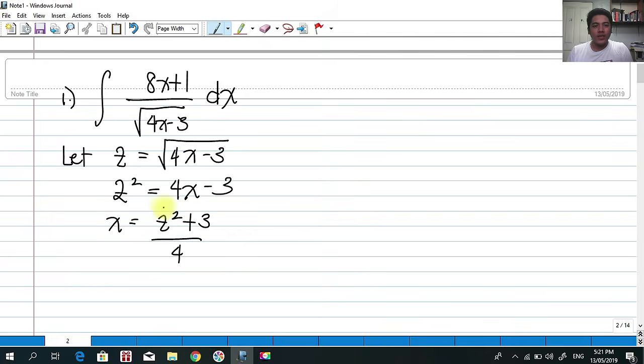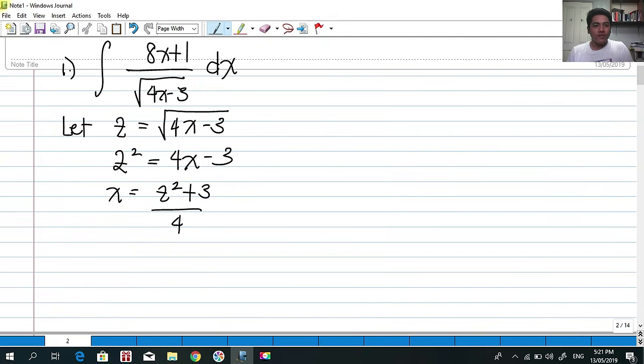And what we do next is to get the derivative with respect to x on the left side and the derivative with respect to z on the right side. So we will perform that differentiation. We call that dx. Okay? The derivative of this is simply 1 dx. And the derivative of this is 1/4, we just factor out the constant.